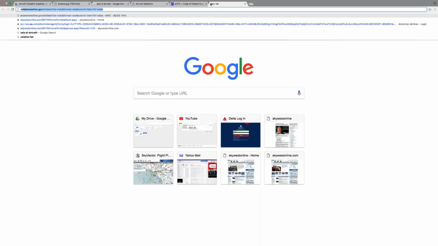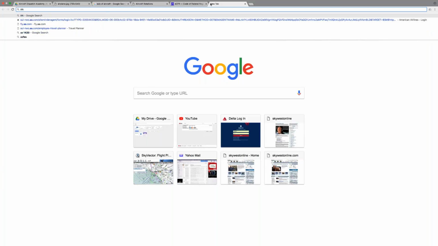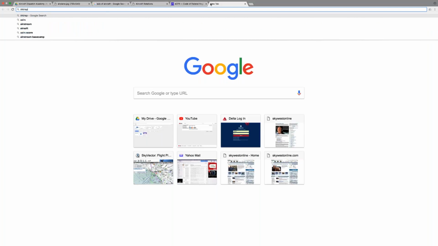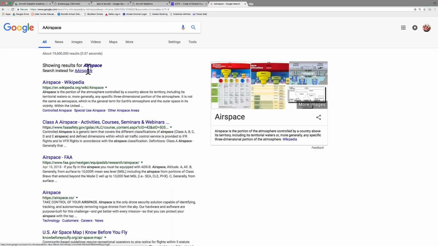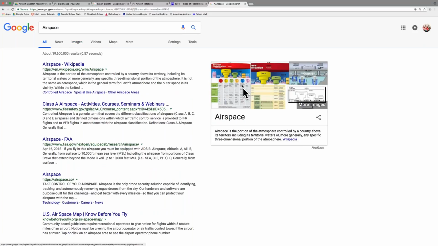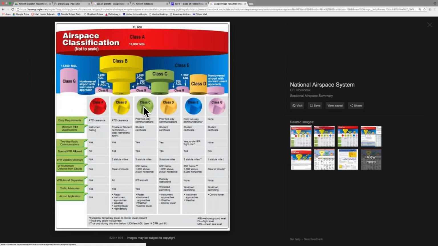Let me pull up this little diagram here that just kind of shows us, Rex kind of talked about the limitations and what's required in certain airspaces.